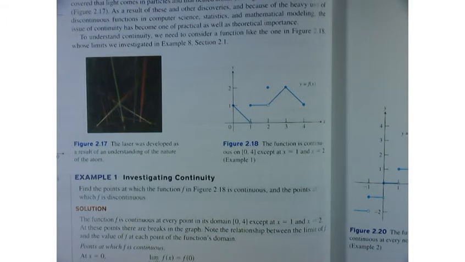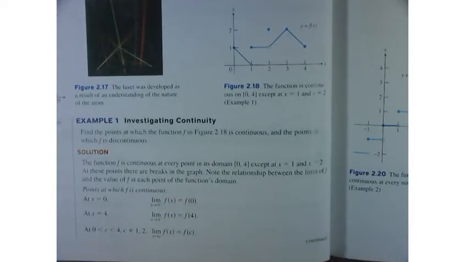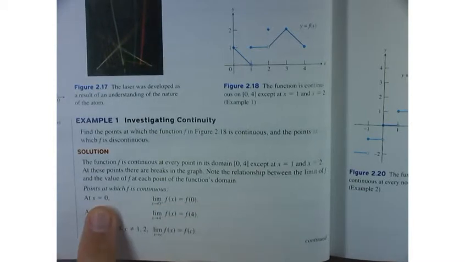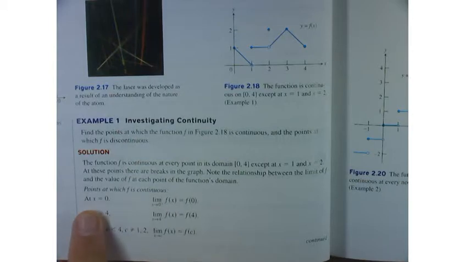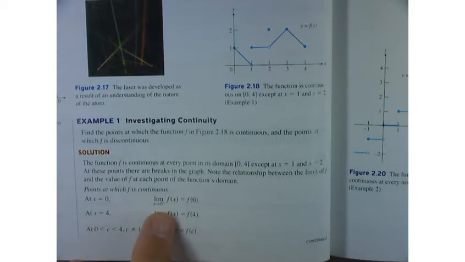Now what they want us to do though is look at the limits of that function. So here's the thing. The limits of the function, for example, at x equals 0, we have a limit, but it's a one-sided limit. Okay? And at 4, we have a limit, but it's a one-sided limit.